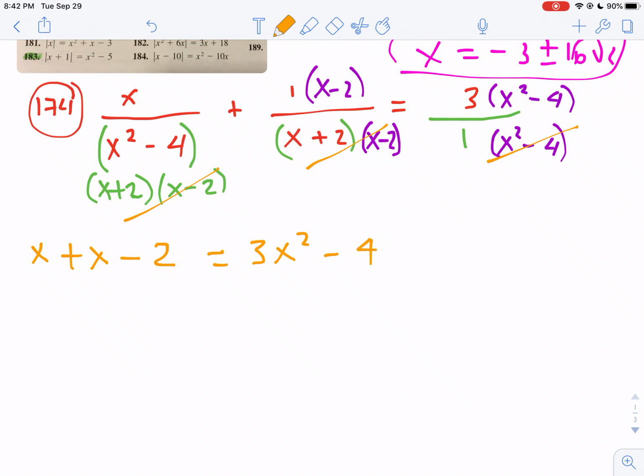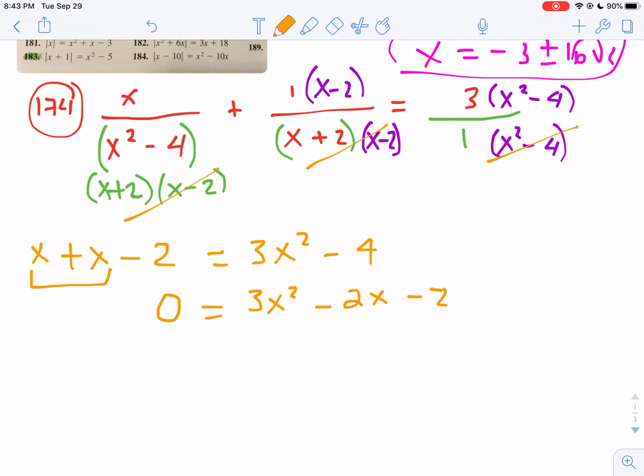I'm going to make one side equal to 0, so I'm going to combine like terms and move this to the other side, and move the negative 2 to the other side too. So this becomes 0 equals 3x squared minus 2x plus 2, so a negative 2. Now I have a quadratic equation.